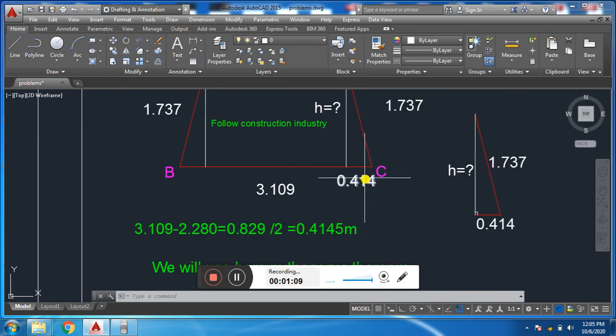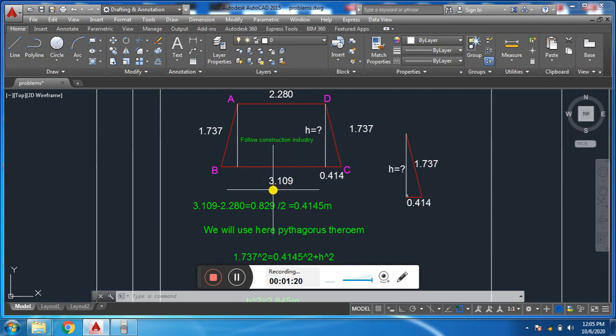First of all, we will get this distance from this point to this point. This distance is similar to this distance. For this we have a formula: 3.109, which is the bottom of this trapezium minus the top of this trapezium, is equal to 0.829 divided by 2.